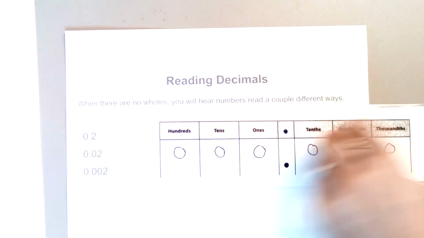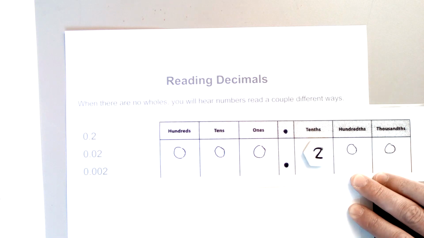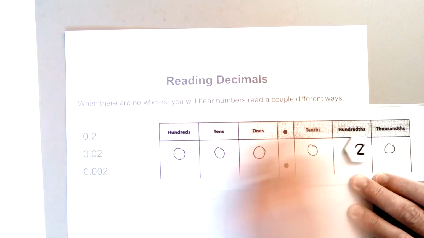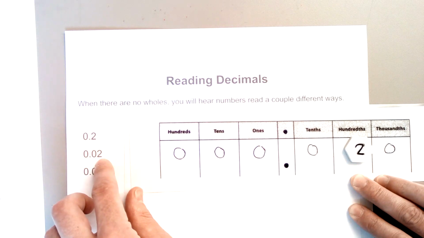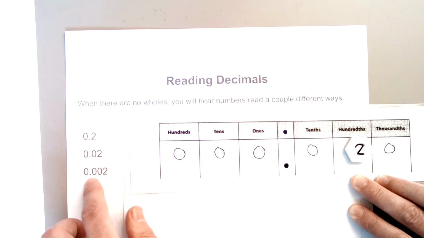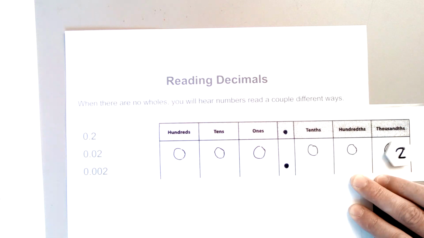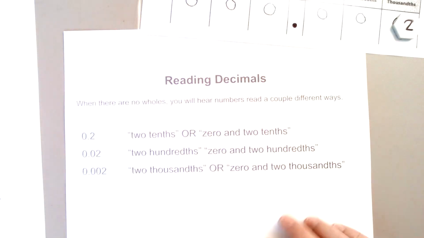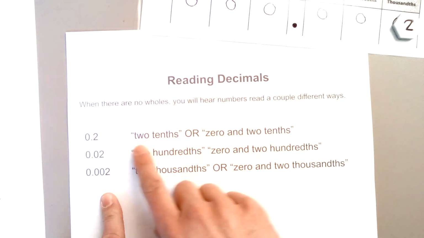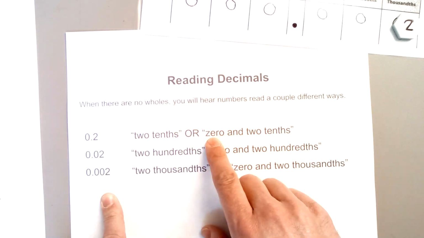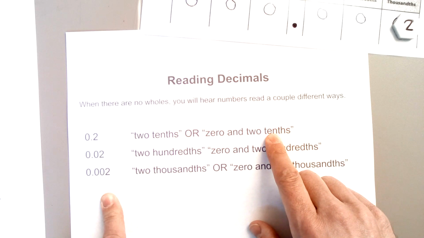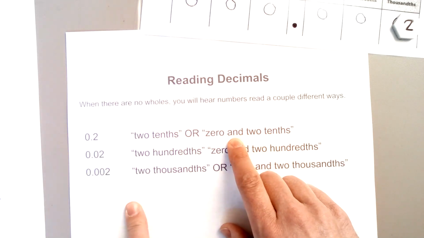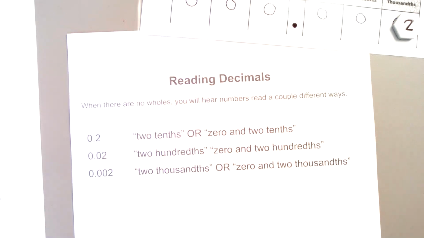So for example, this number here would be 0 and 2 tenths, 0 and 2 hundredths, 0 and 2 thousandths. So let me take this paper away so you can see how this looks here. This is either read 2 tenths, or I prefer 0 and 2 tenths, just to make it clear that, oh, the "and" means a decimal, and this 2 tenths is coming after the decimal.